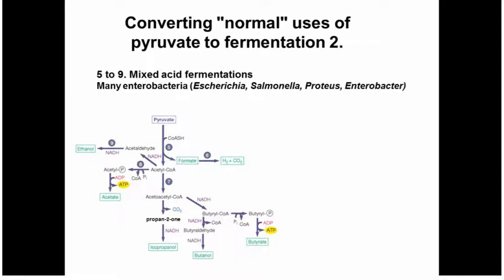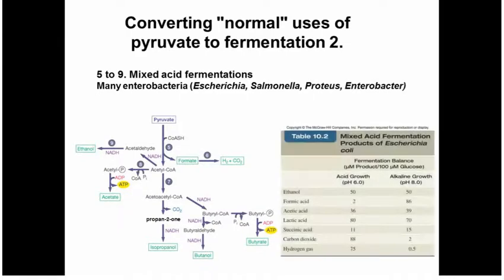So this is complicated, but bacteria don't do complicated stuff for no reason. And the reason that this is going to be useful is because some of these fermentation pathways can allow production of extra ATP. So that's good. So what you get when bacteria are producing a mixed acid fermentation is a whole mix of fermentation products.